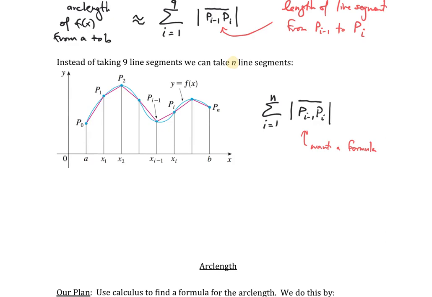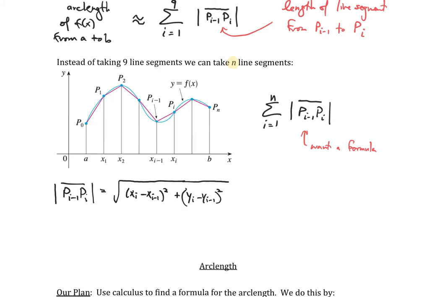We could say that the length of the line segment from P i minus 1 to P i is going to be equal to, as we saw earlier with the Pythagorean theorem, the square root of x i minus x i minus 1 squared plus y i minus y i minus 1 quantity squared.